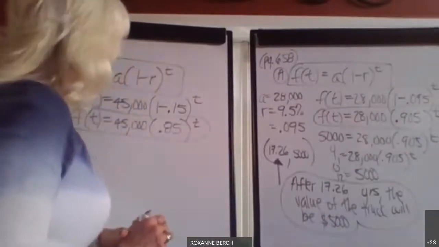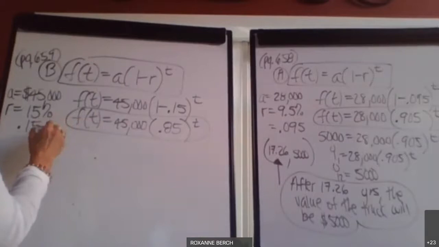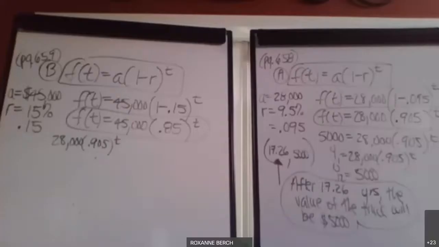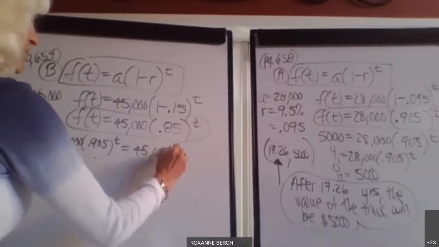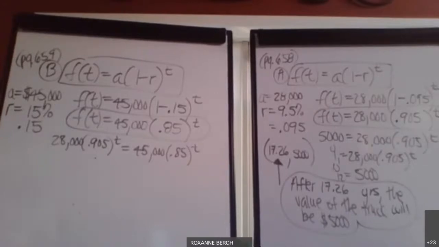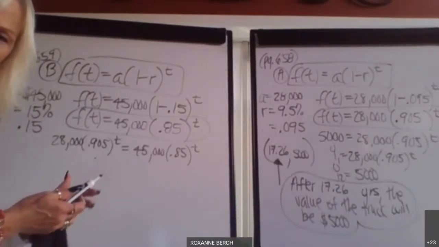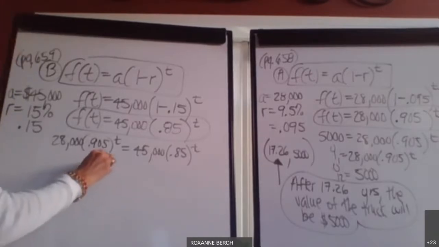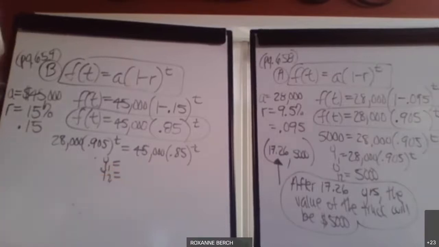Yeah, I think so. Okay. So actually, 28,000 times 0.905 equals 45,000 times 0.85 to the t. And can't you put this in the calculator to find out where they cross? Yeah, so go ahead and do that.